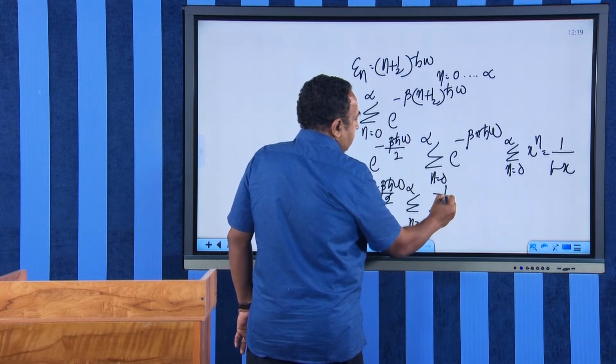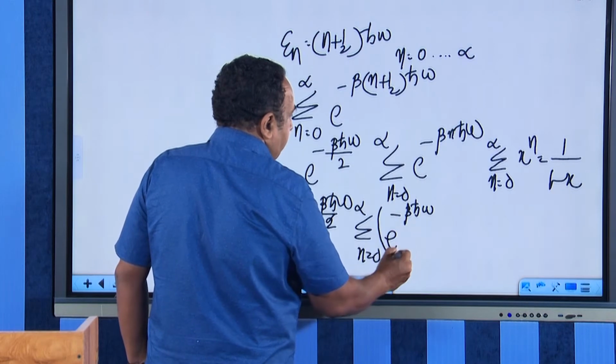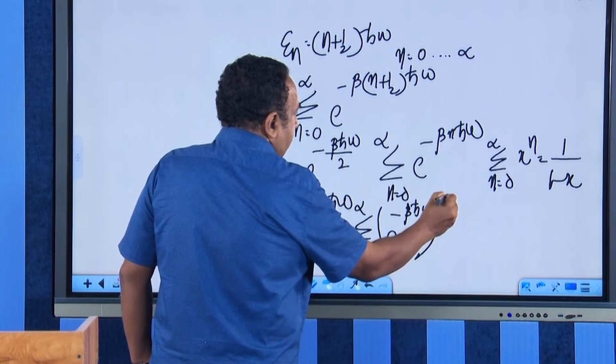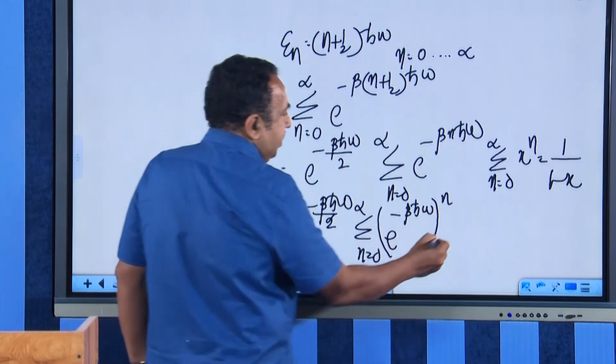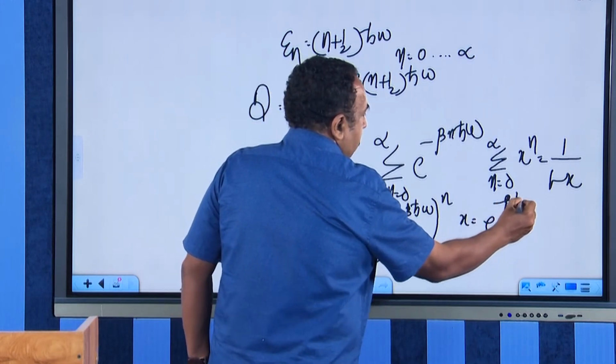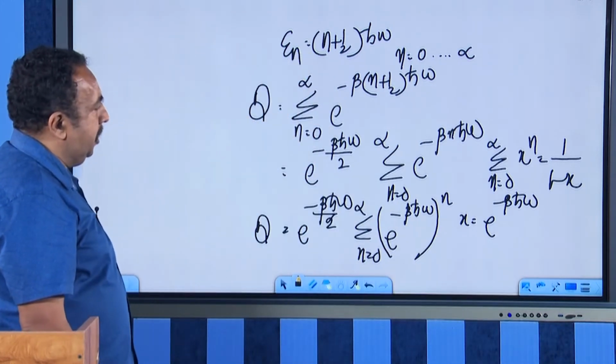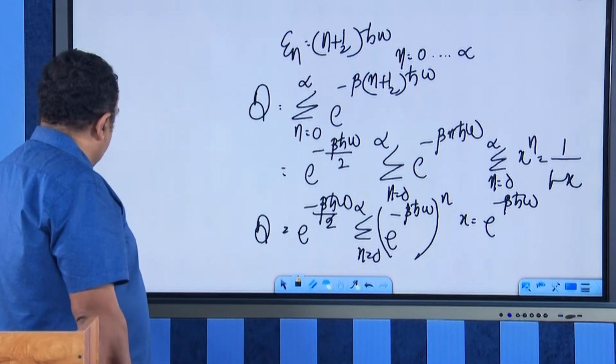Similarly, I can take that n outside, and then x is equal to e raised to minus beta h cut omega.